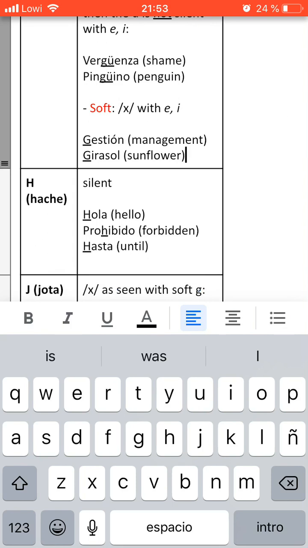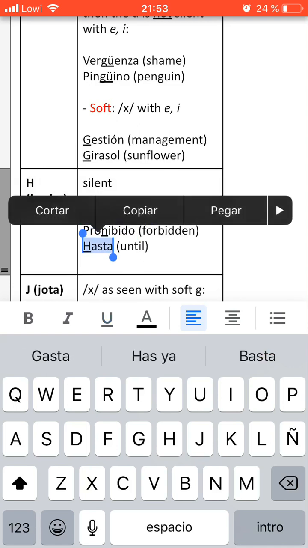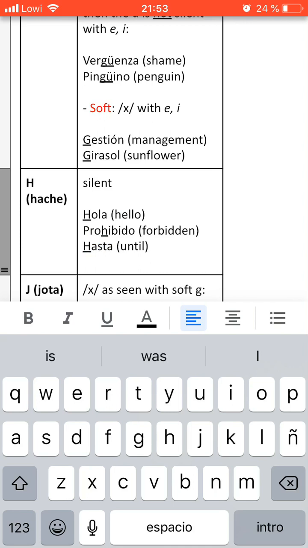So we have here 3 examples: hola, prohibido, and hasta. The H is not pronounced, it's silent. They mean respectively hello, forbidden, and until, as you can see.